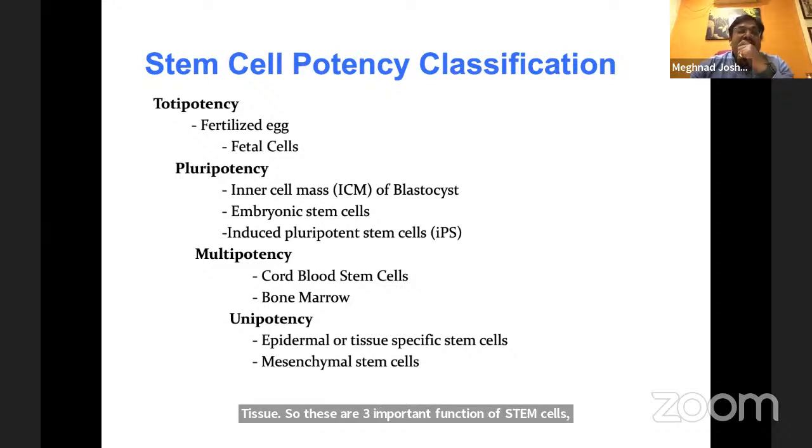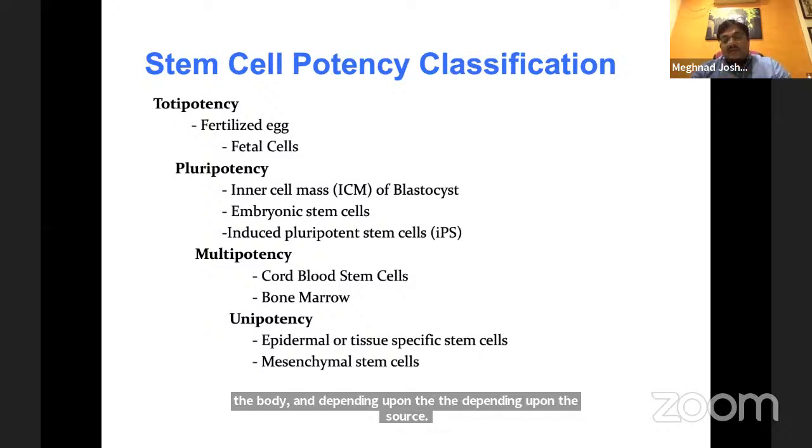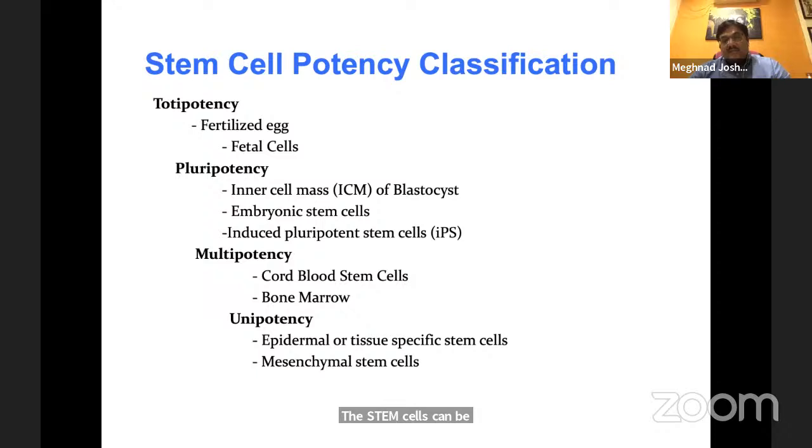So there are several types of cells which are found in the body, and depending upon the source, these stem cells can be classified, or in other words, the potency of stem cells is defined with the age. So stem cell potency can be classified according to the age.